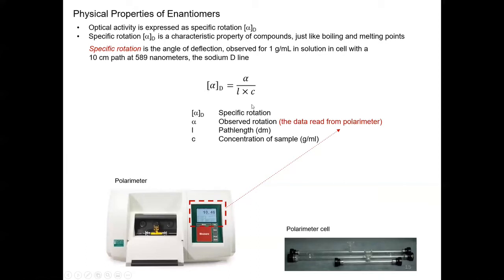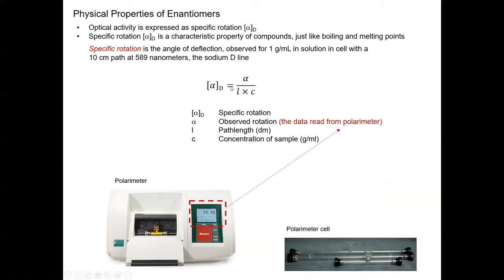Then again, if I ask you, for a molecule that has a specific rotation, if I increase the polarimetry cell's path length, like I use a longer one, what changes with the observed rotation? It will change to a bigger value, right?